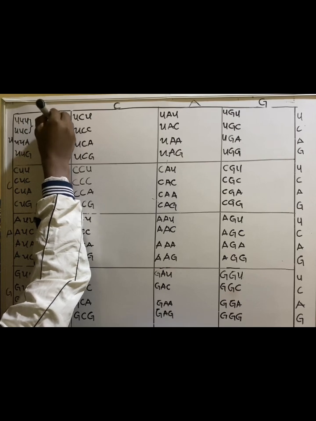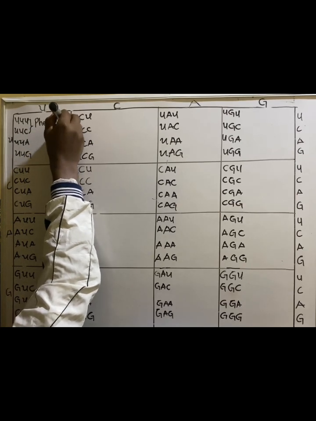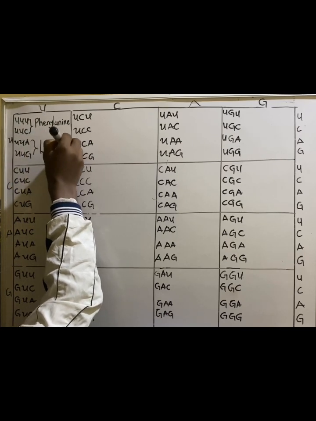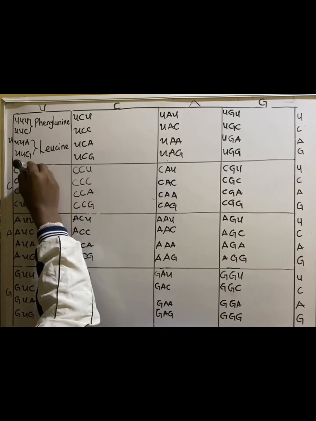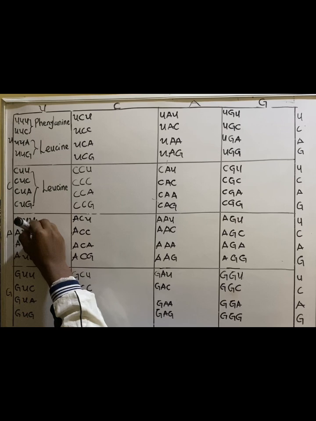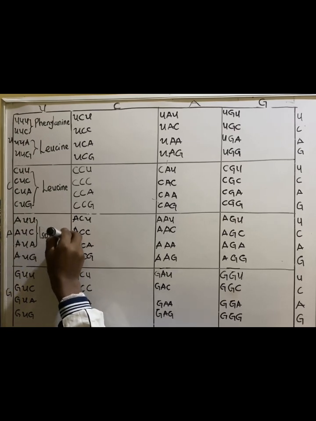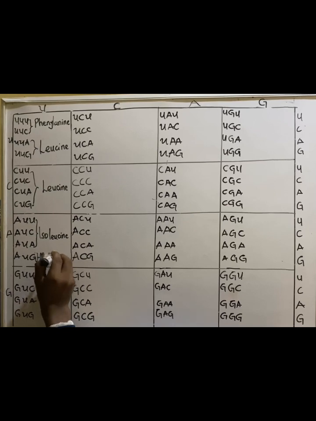So let's start with the prospective amino acids. The first one we have is phenylalanine, which takes care of the first two codons of the first bus. In the same bus, we have leucine, which takes the two others down, and then leucine takes the whole bus for the second row of the first column.